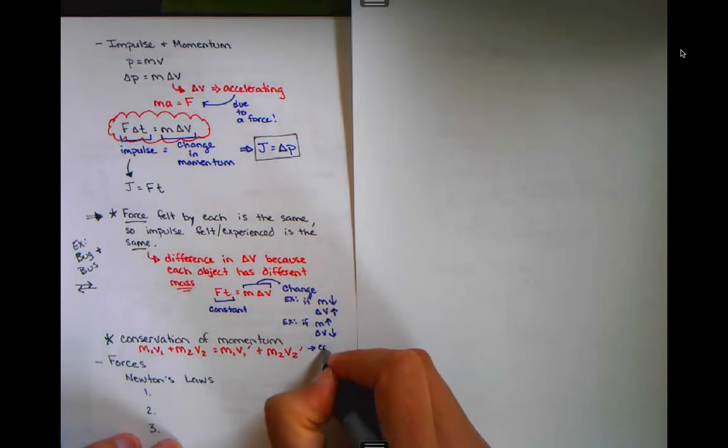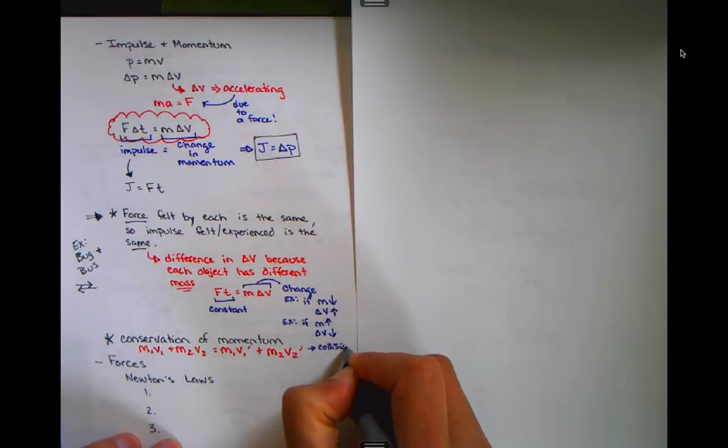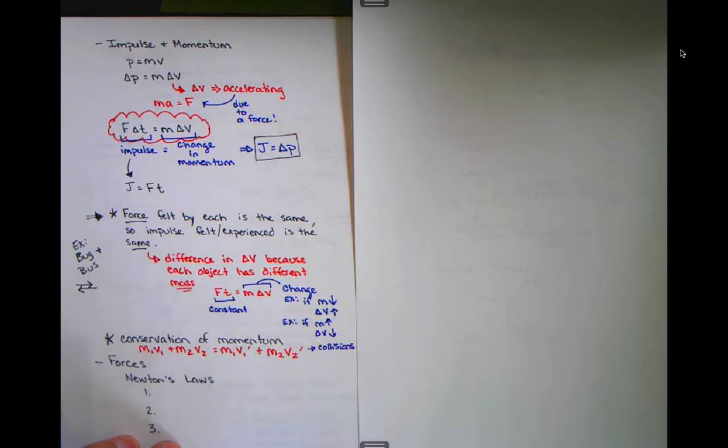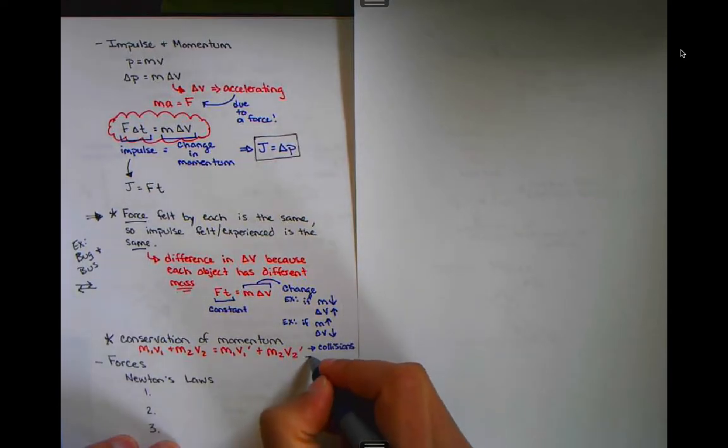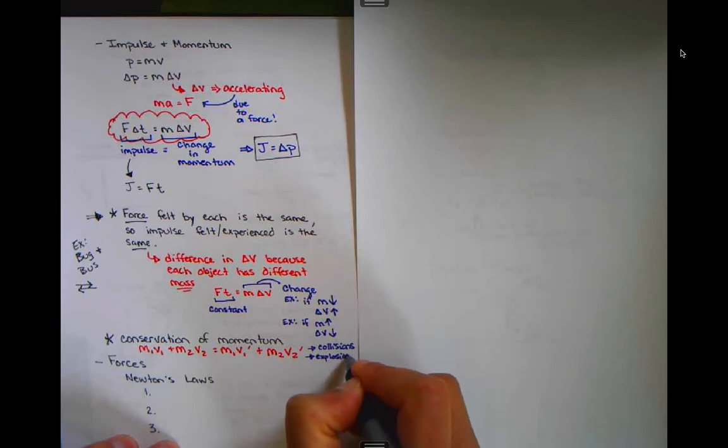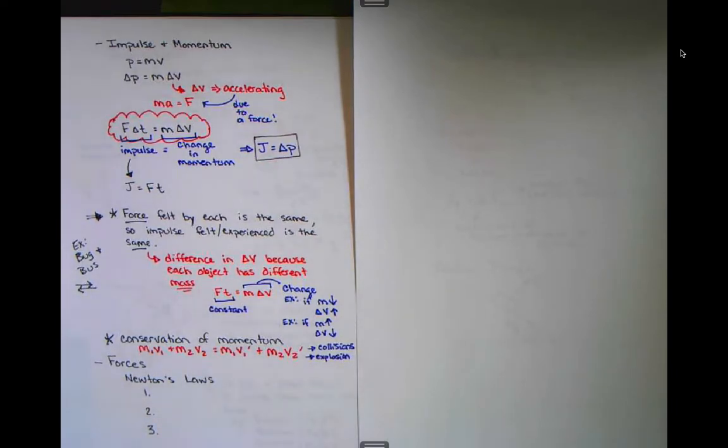So we had collisions where two objects collide and maybe they bounce off of each other, or maybe two objects collide and stick together. And then we also looked at explosions, where your initial momentum was 0, and then your final momentum was also 0, but that's because you had pieces flying in different directions.